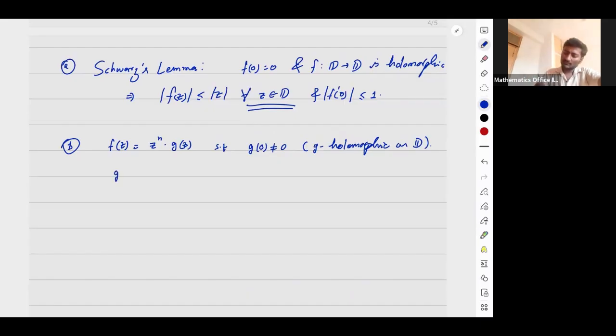So from the form we already considered, we have g of z is equal to f of z by z to the power n.